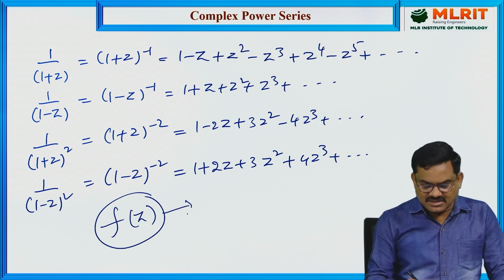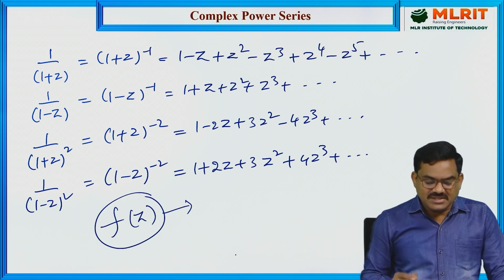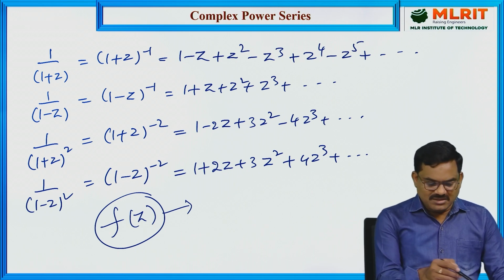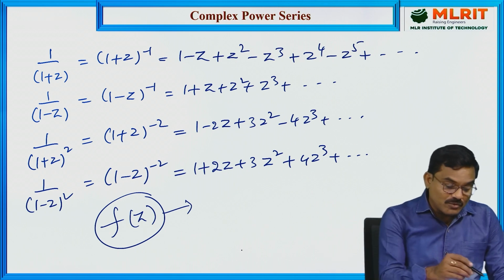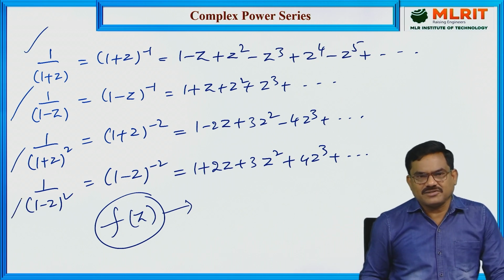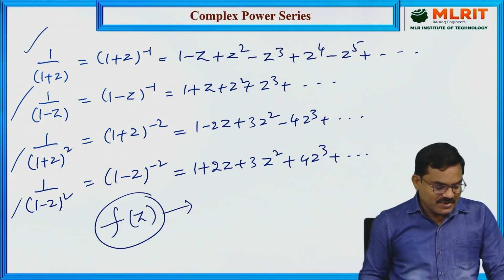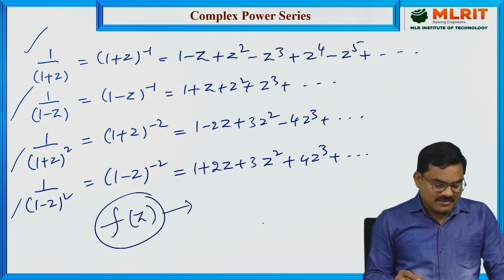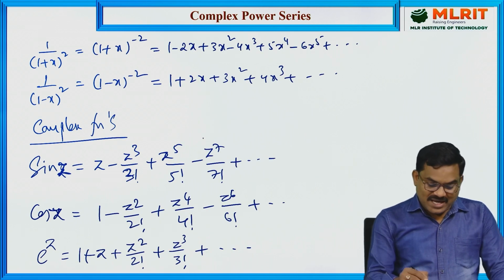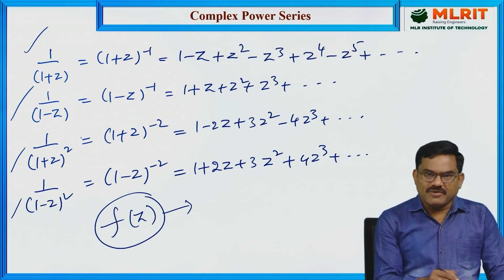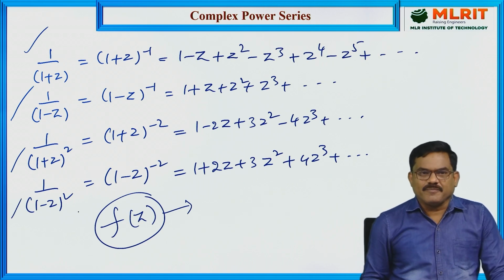as a Taylor series. First, we write the function in the simplest form, and you can utilize these known expansions. So that's why we need all these expansions. So sin z, cos z, e power z, 1 by 1 plus z, 1 by 1 minus z and so on.